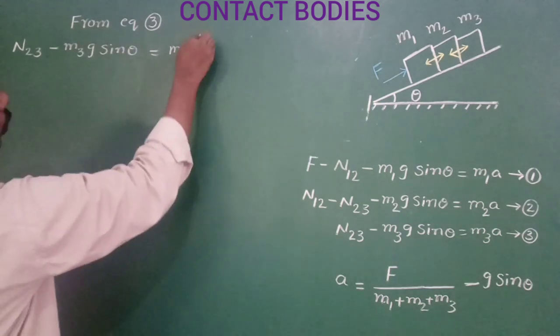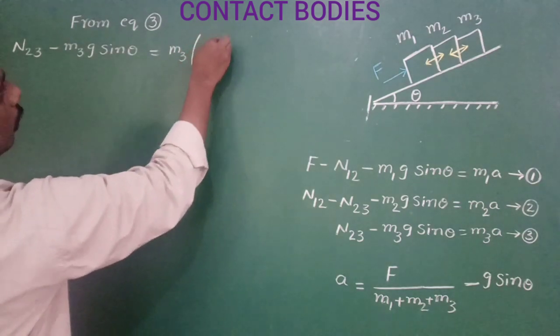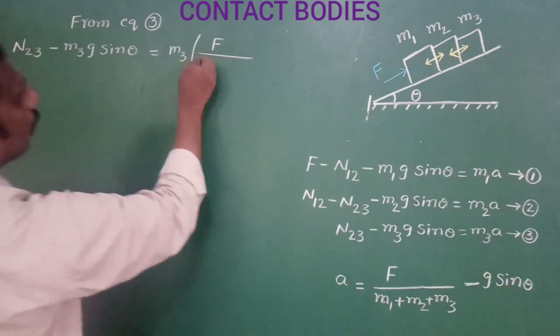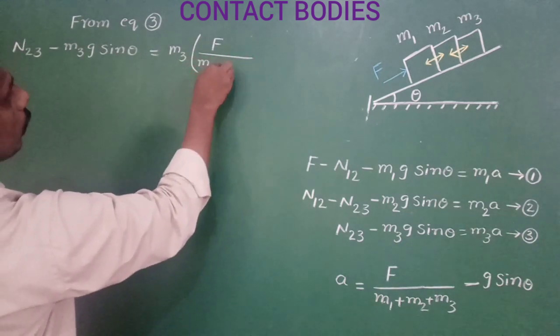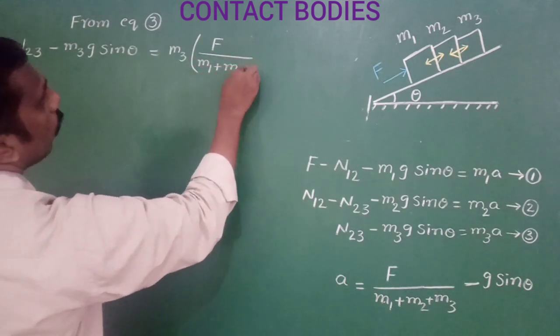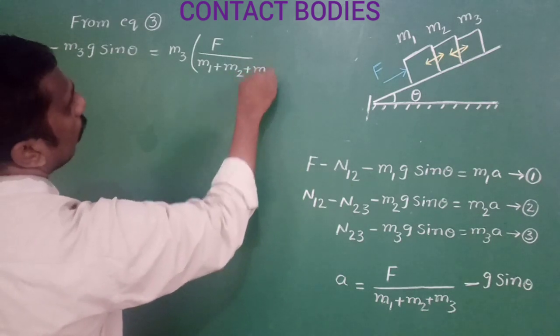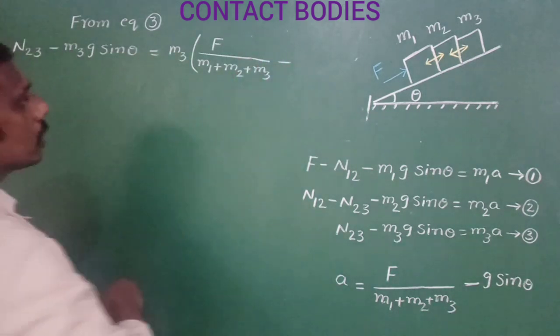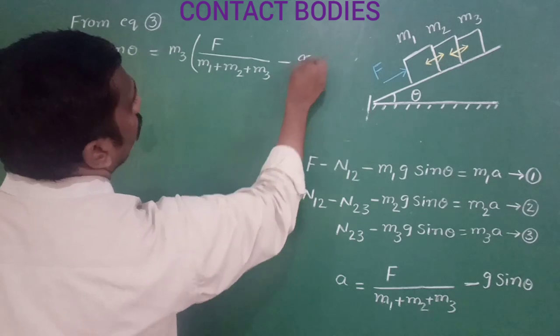We know the a value, that is equal to F divided by m1 plus m2 plus m3 minus g sin theta.